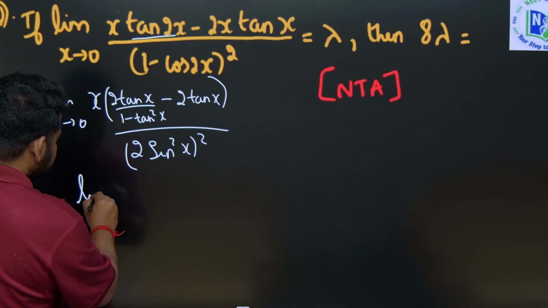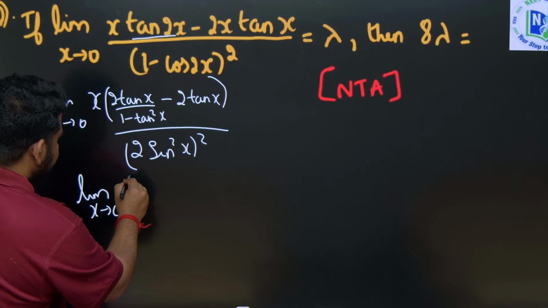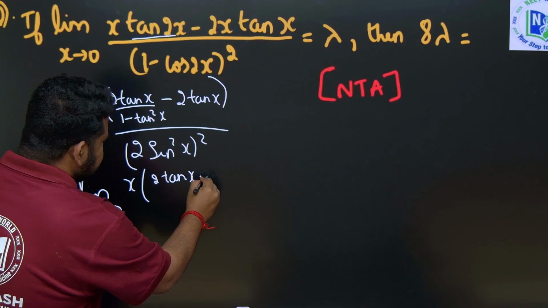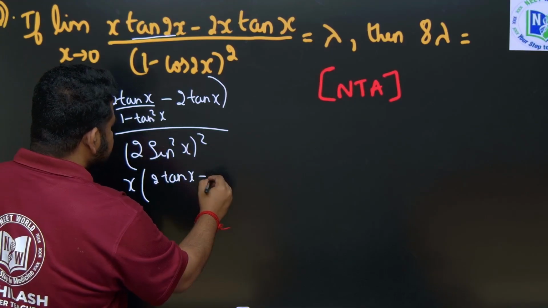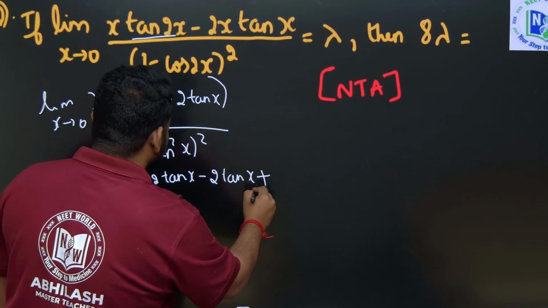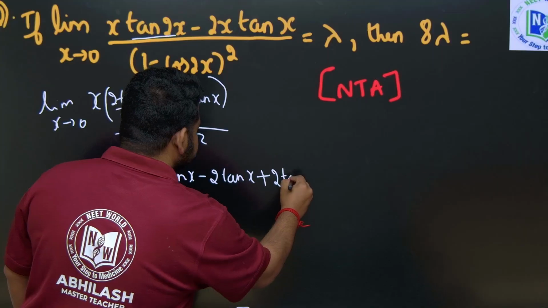Limit as x tends to 0, this will be x into 2 tan x minus 2 tan x, minus into minus will become plus 2 tan cube x.